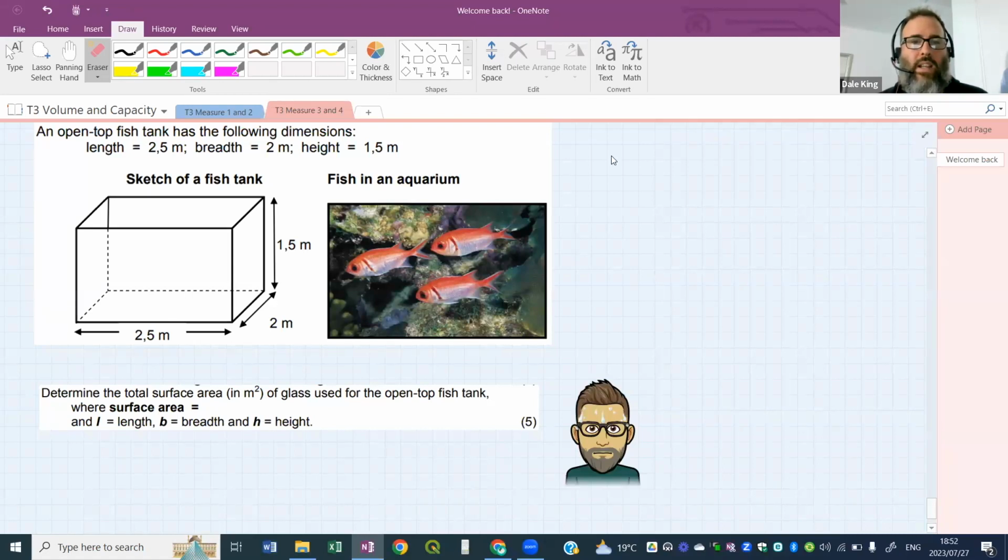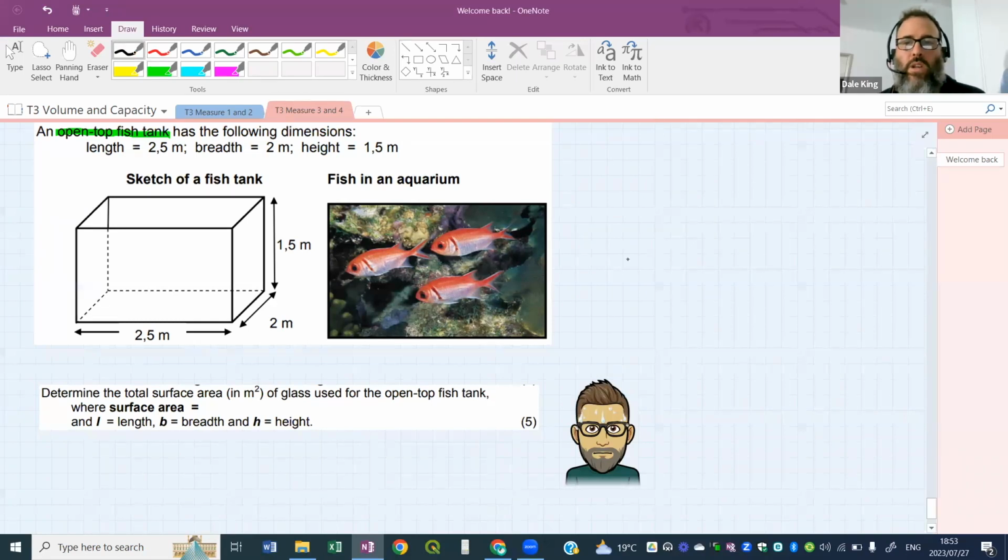All right. So we need to know the total surface area of the glass. Careful, because it's an open top fish tank, which means it's missing one of its sides. There's a clue. I know it's not fair. Length times breadth and height, that's going to give you volume. We're looking for surface area.